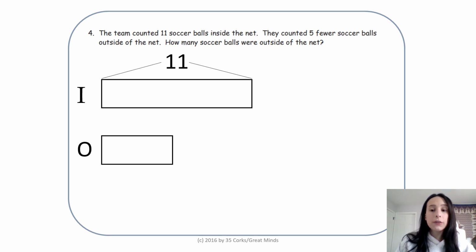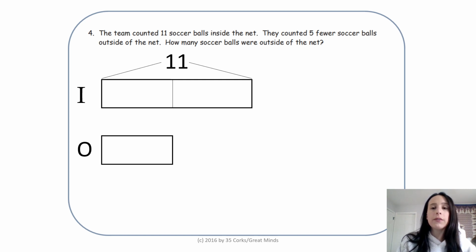I'm showing you a different way that you can do a double tape diagram. We know they counted 5 fewer soccer balls outside of the net. Okay, I'm going to split up inside the net into 2 parts. In those 2 parts, we're going to have really the outside, what's outside of the net, and then the rest will be what's inside.